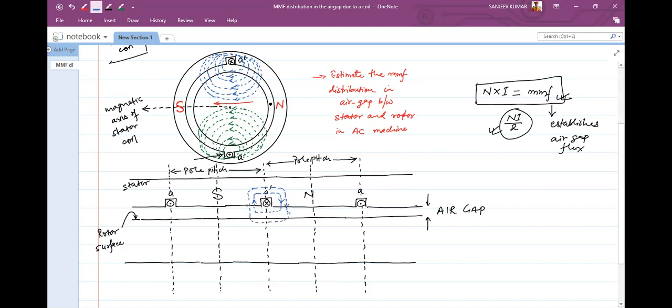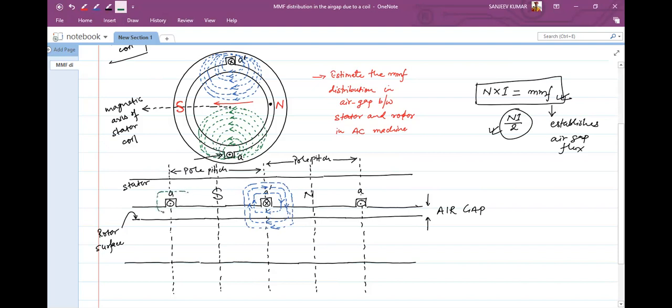It will be like this only. And at A dash, what will be the direction?